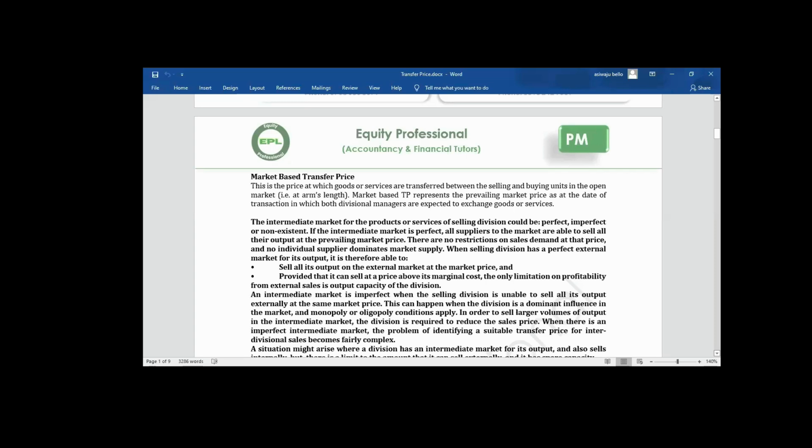If Dangote Sugar is selling sugar to Dangote Bakery, remember both divisions belong to the same company. Dangote Sugar will sell at the market price of the product, or it can sell at market price less cost savings on packaging, distribution, and selling costs. Let us explain that.